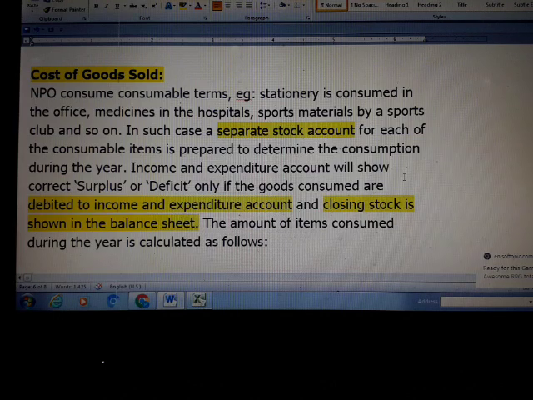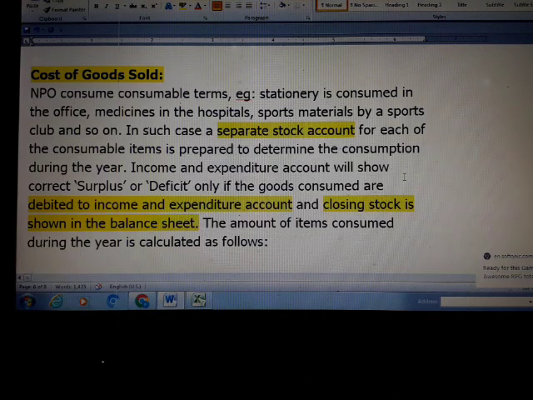Whereas here you are opening a separate stock account depending upon the nature of stock or the nature of business. So as I said, only then can you find out the correct amount of surplus or deficit. And remember, the amount will have to be debited to the income and expenditure account, and closing stock will be shown in the balance sheet.